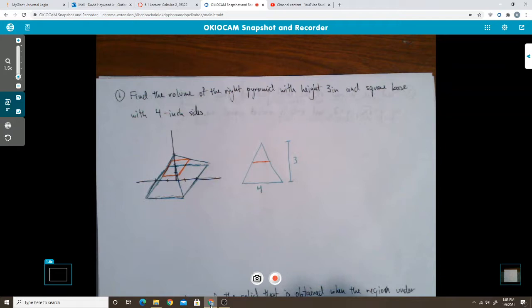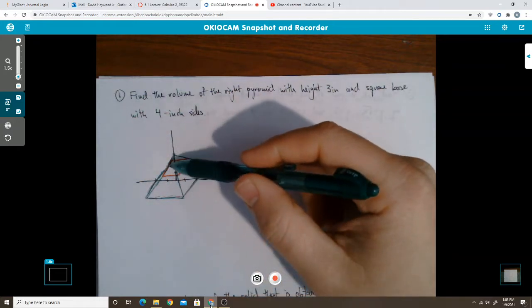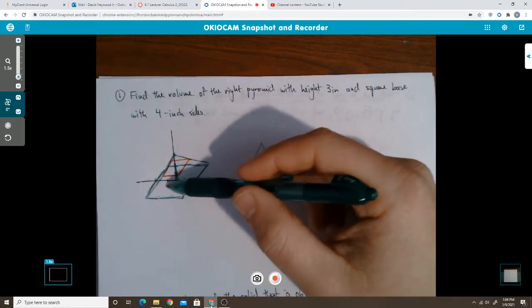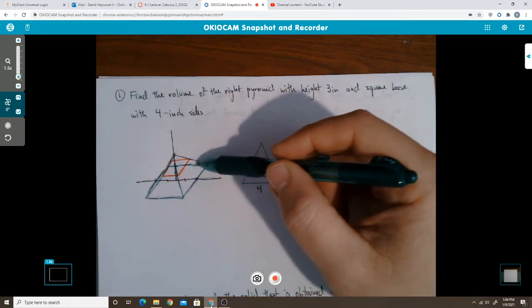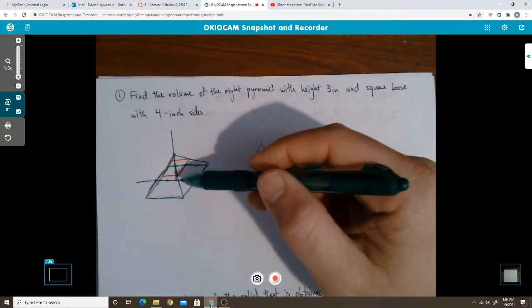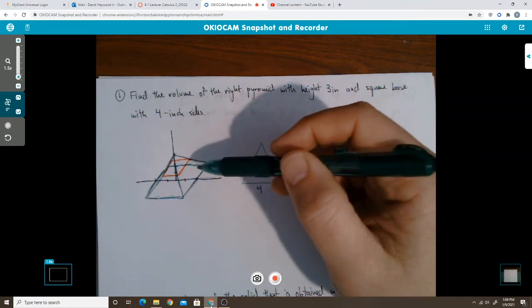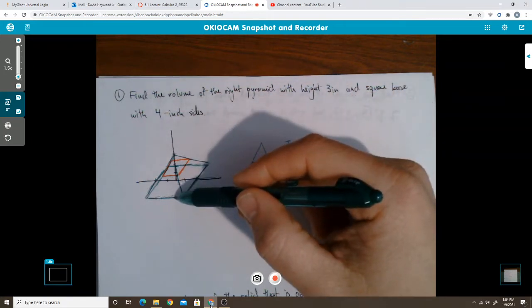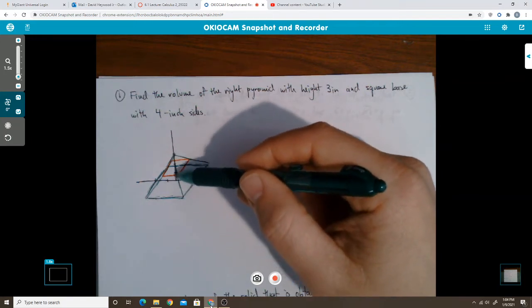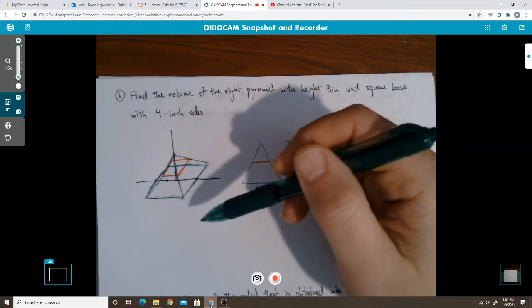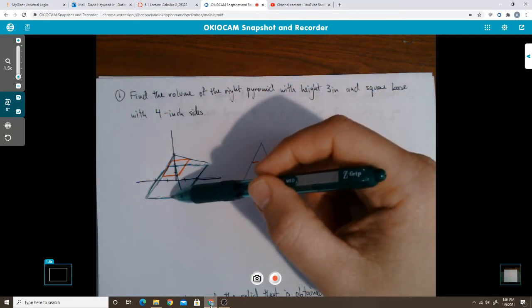And then let's not forget that ultimately I want to find the area of this square, but I also want to find just a general formula for the area of any random cross-section, because once I find that general formula, I'm going to want to integrate from the bottom to the top, right? So that I'm adding up all of those little tiny squares to give me the volume of the pyramid.